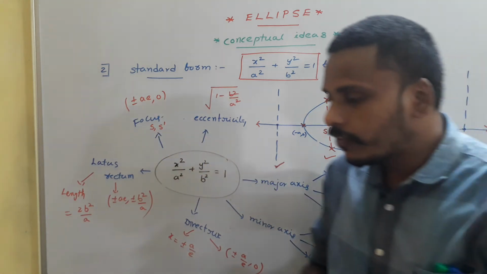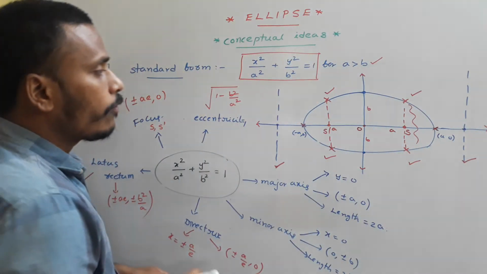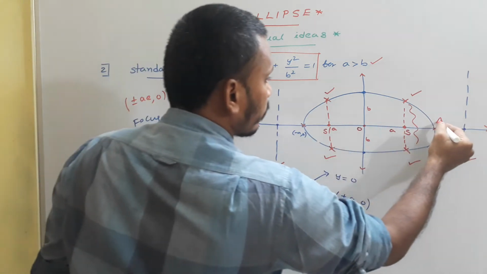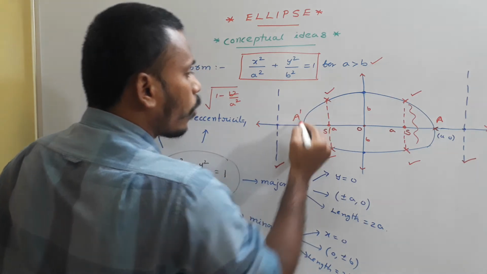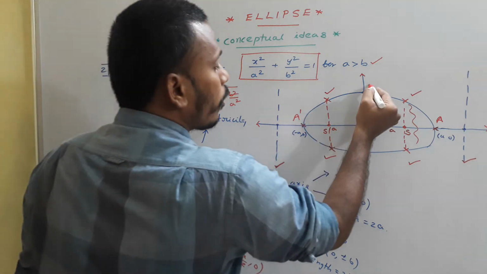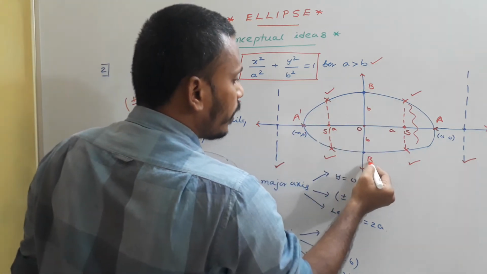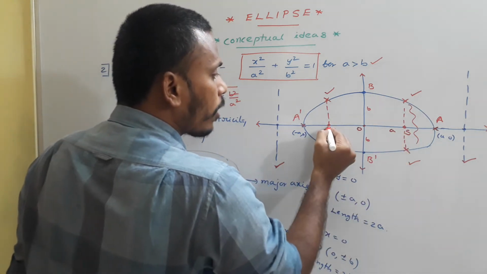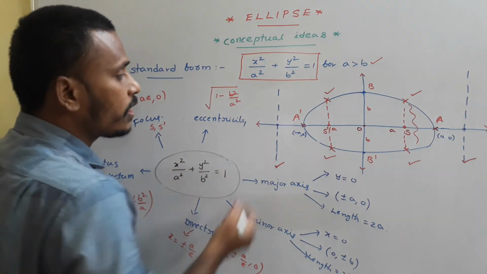And one more thing here we need to observe. If we name these endpoints of major axis as A and A dash, what is its distance? If endpoints of minor axis are B and B dash, what is its distance? If the foci points are S and S dash, what is the distance?